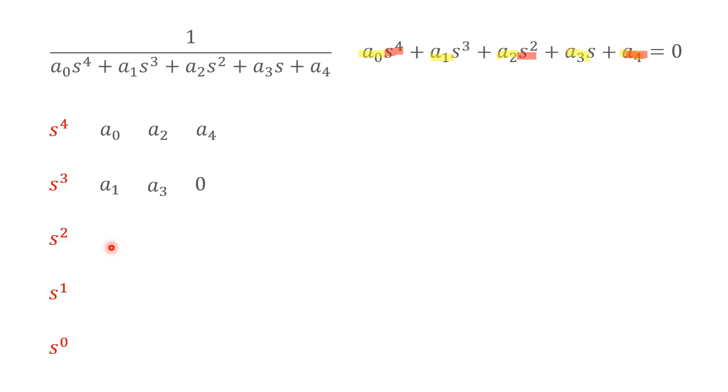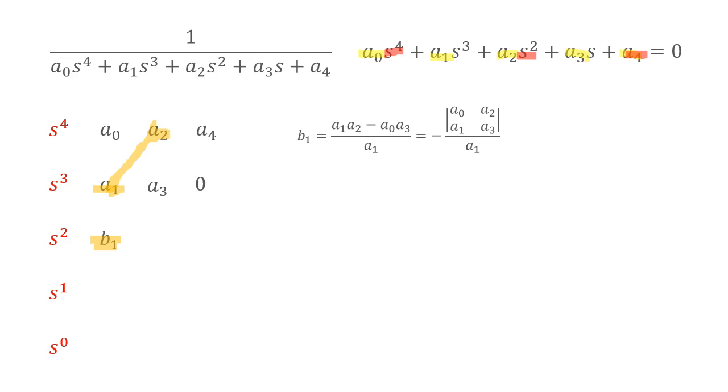Let's see, this term is given as b1, and the value of b1 is given as a1 into a2. Let me explain how we are going to calculate b1. So here I have b1. For calculating b1, we are going to multiply a1 with a2, then we are going to subtract the multiplication of a0 and a3.